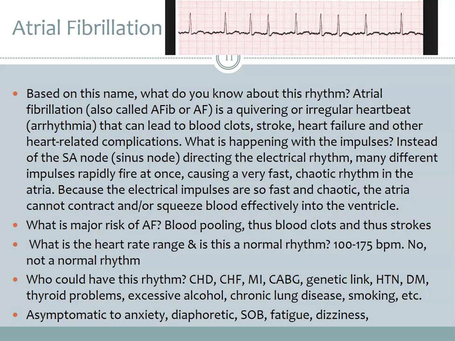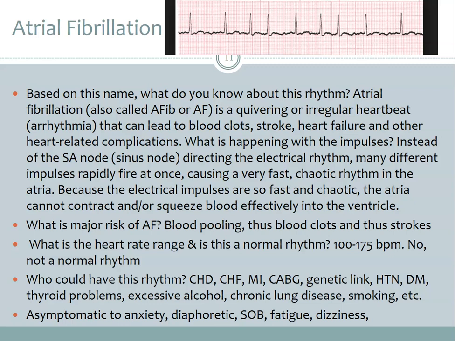As a result, we have blood pooling, and this puts us at a much higher risk of getting blood clots, which can travel and can become strokes, can cause heart failure, can cause all kinds of problems within the body. So even though the electrical conductivity is coming from the SA node, which is the natural pacemaker of the heart, so it's coming from the right place, it's just doing it ineffectively.